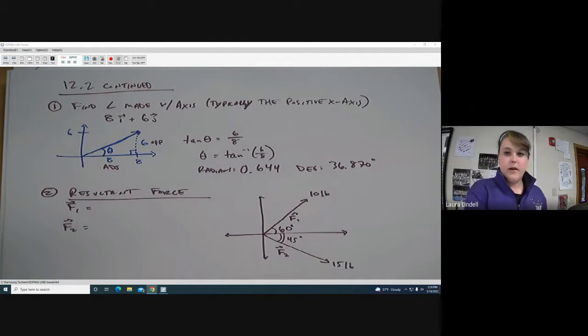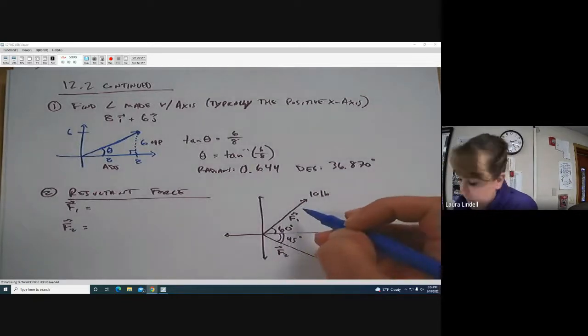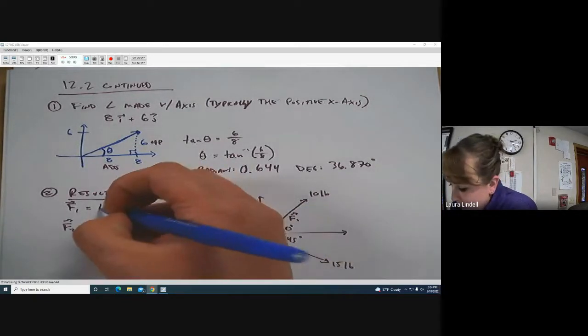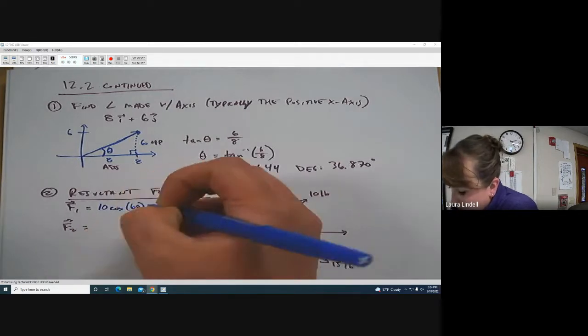Now we want to figure out what the resultant force is of both of these vectors acting on the same thing. In order to do that, we have to express these forces in terms of their horizontal and vertical components, so we have to represent them with i and j. The horizontal component of the first one is 10 cosine of 60 degrees.